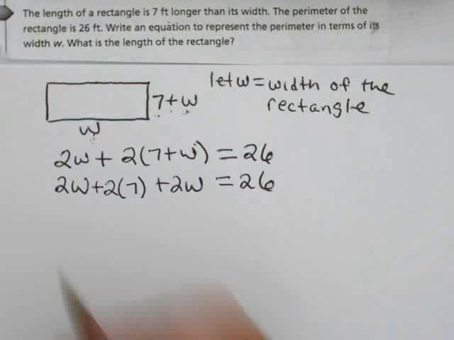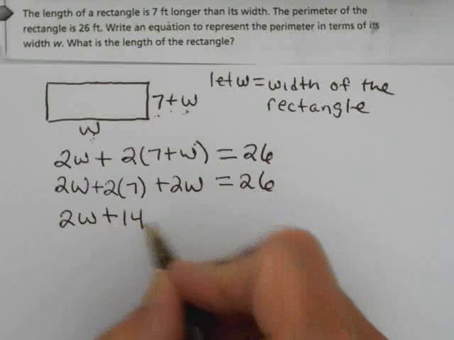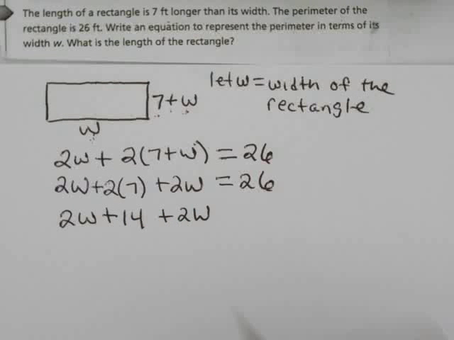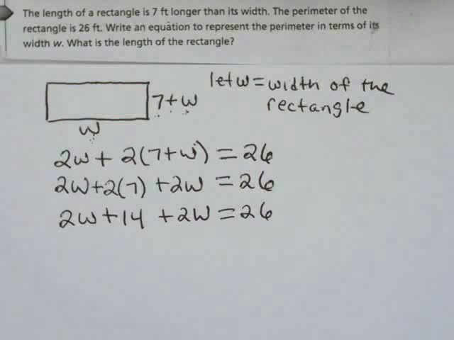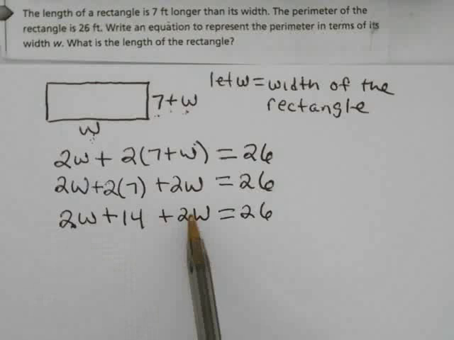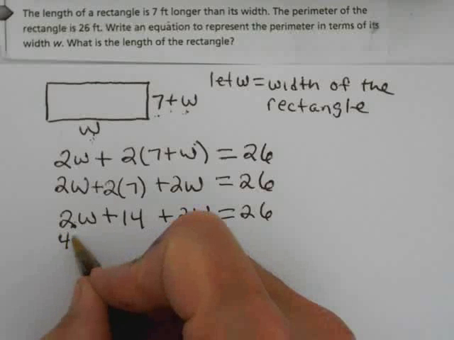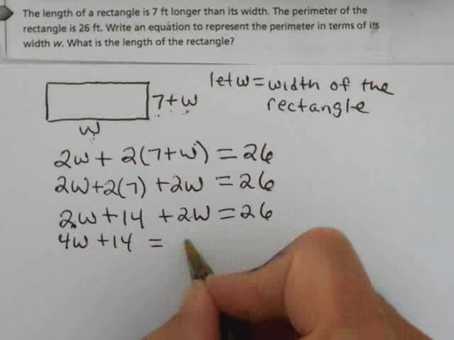All right, so now I've got 2W plus 14 plus 2W, and that still equals 26. While I'm at it, I'm going to combine my like terms. I've got 2W and 2W. 2W plus 2W is 4W, plus 14, and that's going to equal 26.